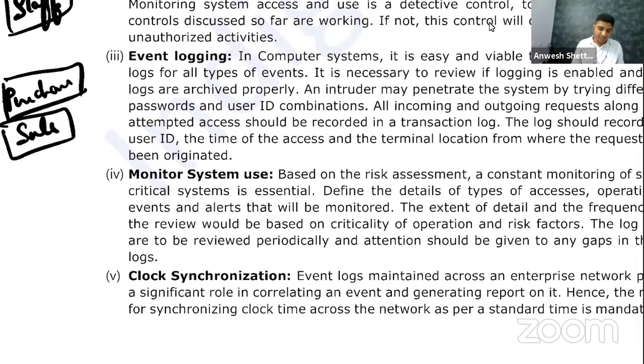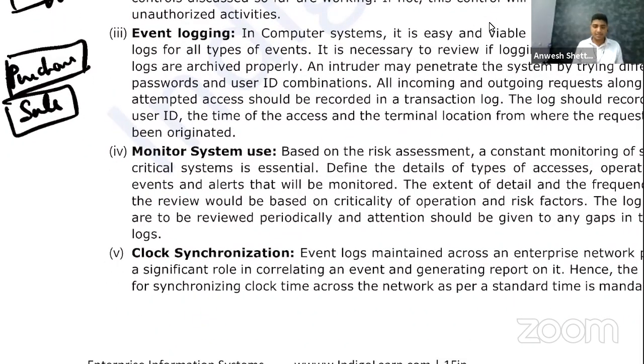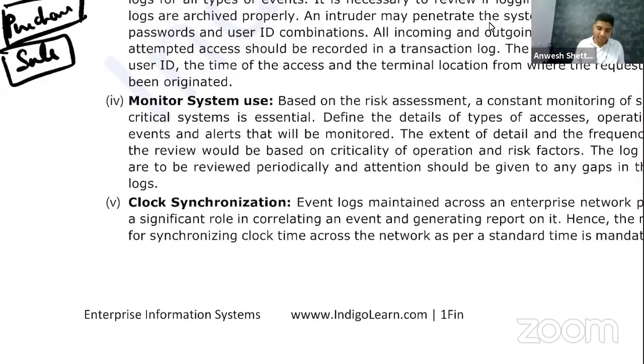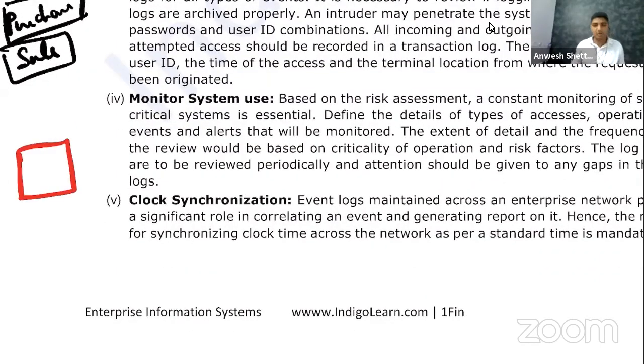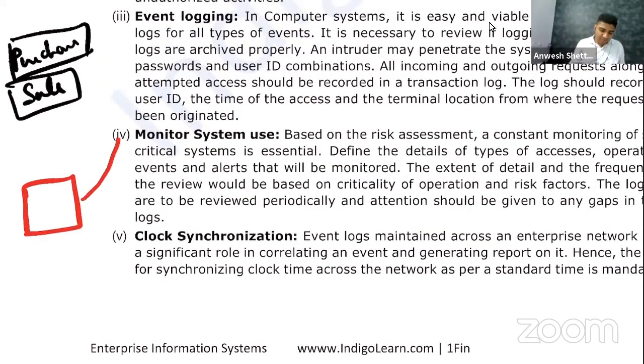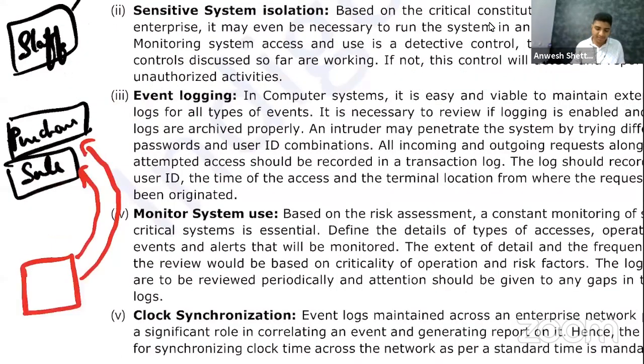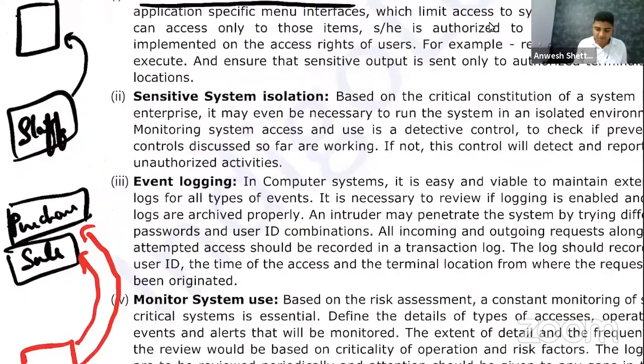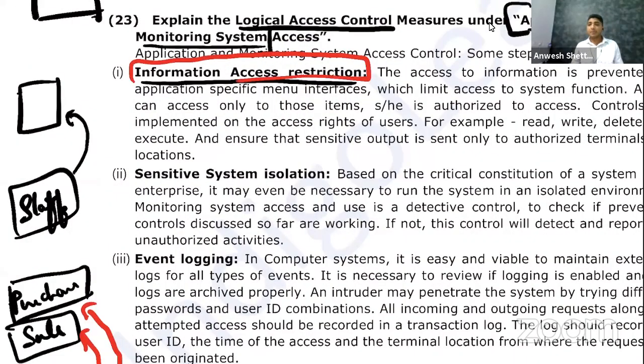Whatever these people do in their departments is being monitored by a monitoring system, and there is a separate department that monitors this. Only these people should be able to monitor the purchase and sales departments, not the other way around. So the first point is information access restriction: the purchase and sales departments should not be able to access any information from the monitoring system. That is point number 1.